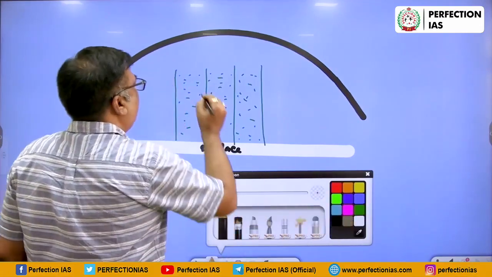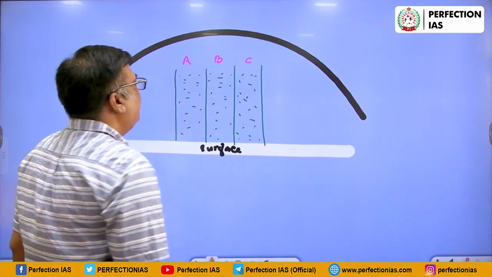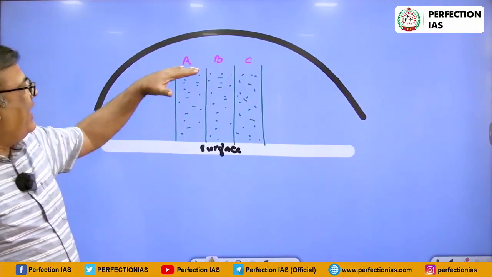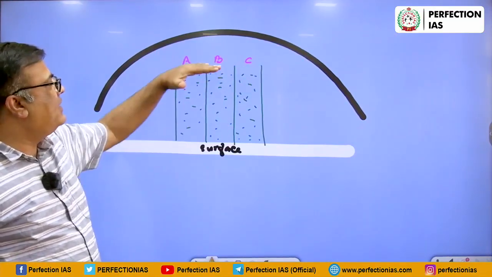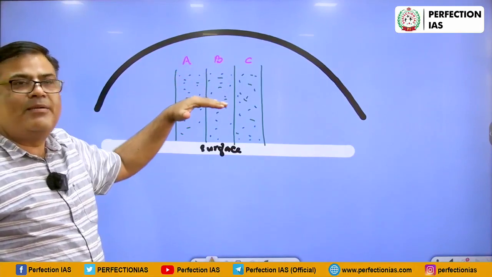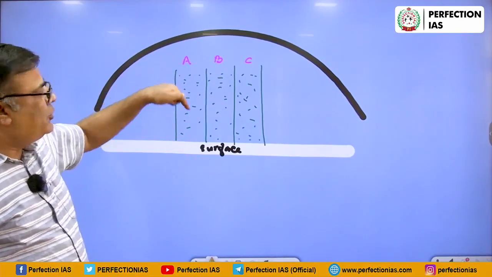Suppose this is column A, this is column B, and this is column C. In that case, in columns A, B and C, everywhere the pressure, the force exerted per unit area by the air, should be the same.